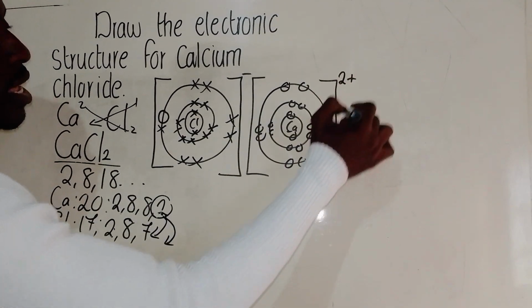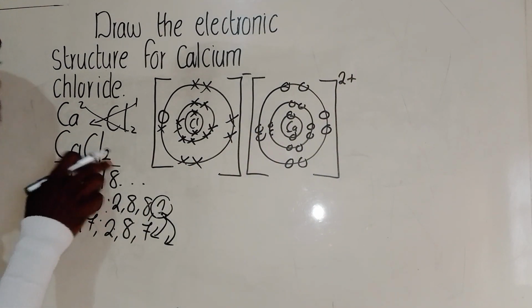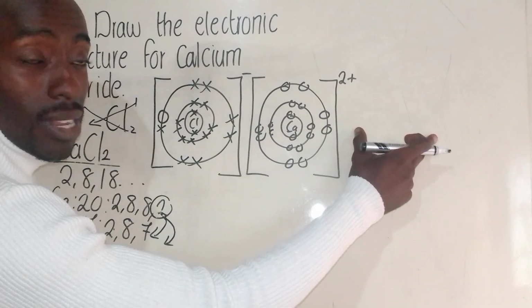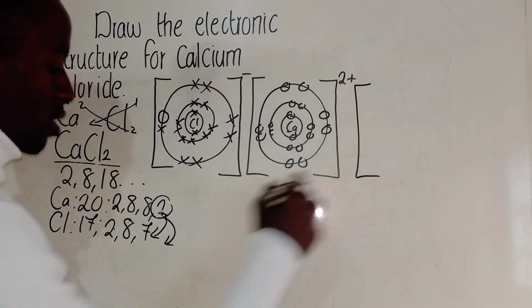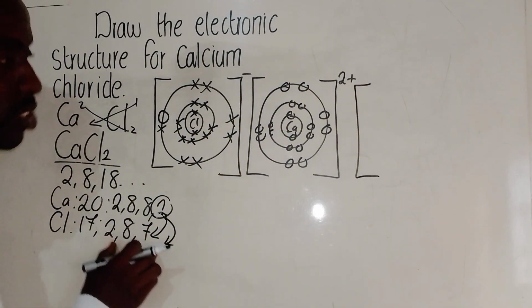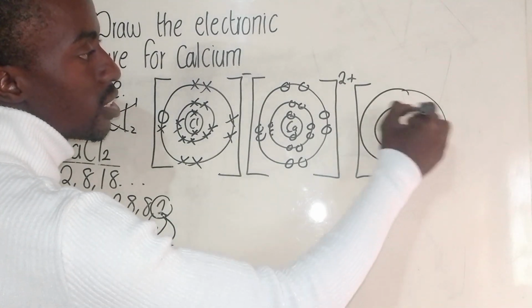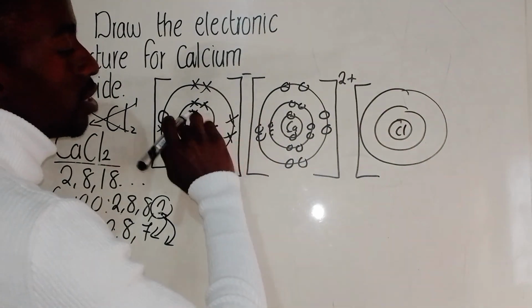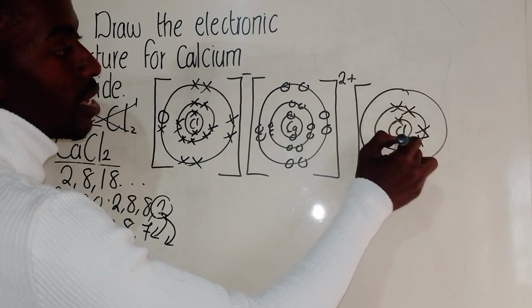Now again we draw the last one, because here they're saying 2 atoms of chlorine and already we have only drawn 1, meaning you're supposed to draw another one. So the electronic structure for chlorine is this one. How many shells? 3 shells, like this. You put the crosses there like this.